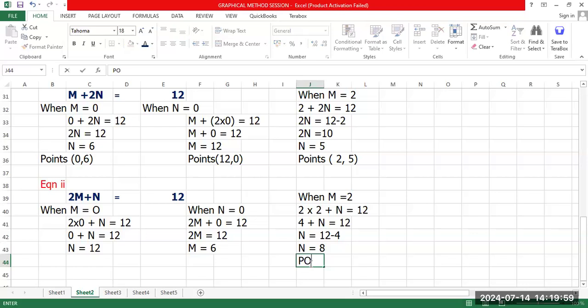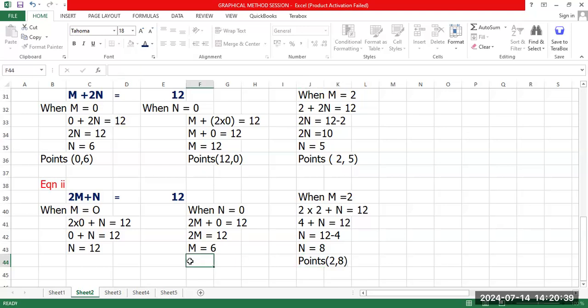So points. One person suggests we are starting with value on horizontal axis followed by value on the vertical axis. So here we put what? Hey, colleagues, where are you? Here we put 2 and 8. 2 followed by 8.